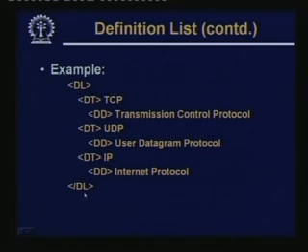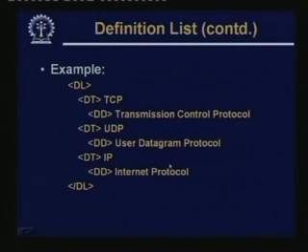This is just an example of how DT and DD can be used inside a DL. You see, you have a list, this is the beginning of DL, this is the ending of DL. In between there are three definition items. In each of these items there is a definition term, for example, TCP, then the definition description, transmission control protocol, then again a DT UDP followed by the definition description, user datagram protocol, then again a term IP, then the description internet protocol.